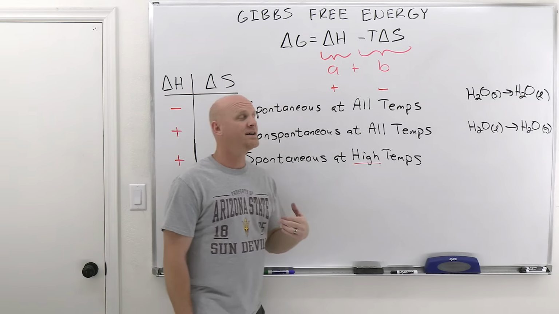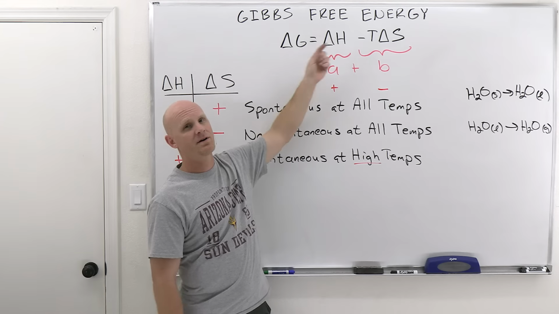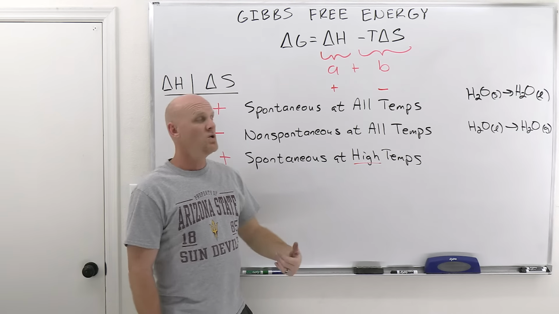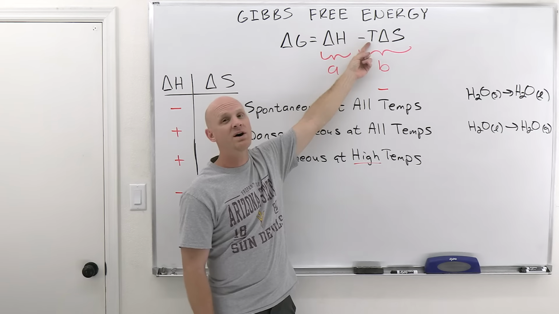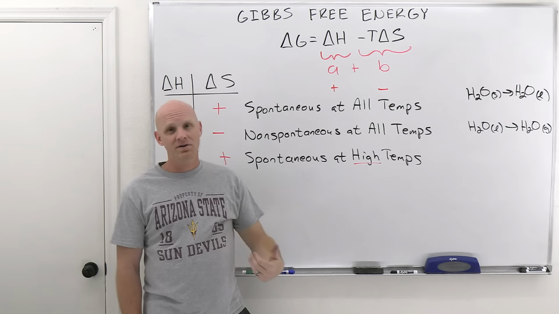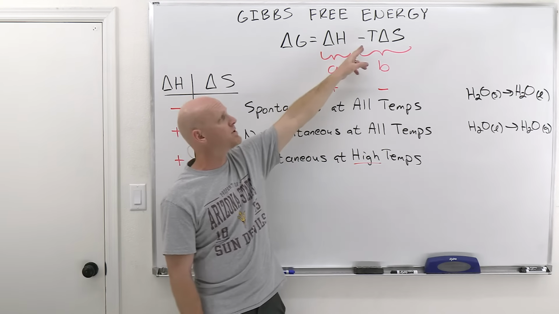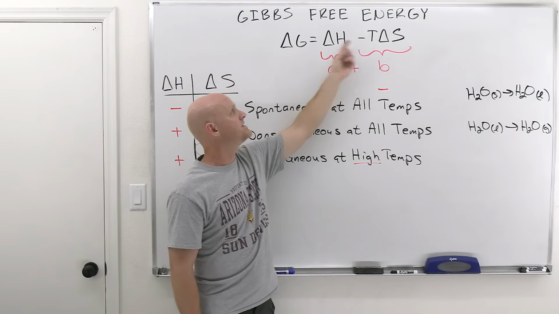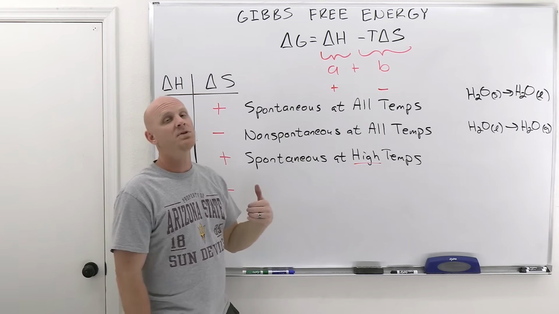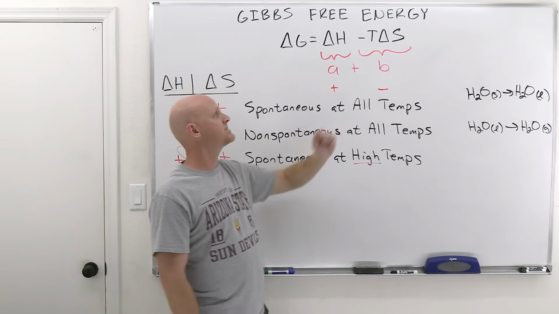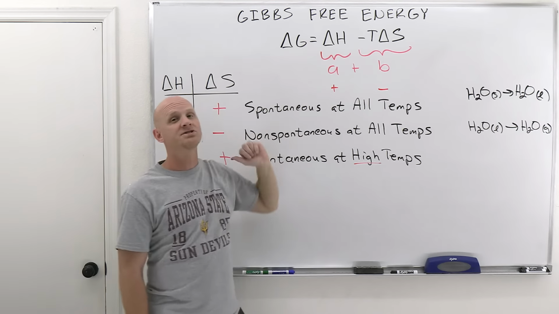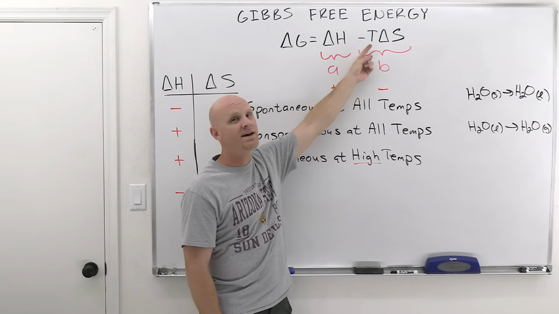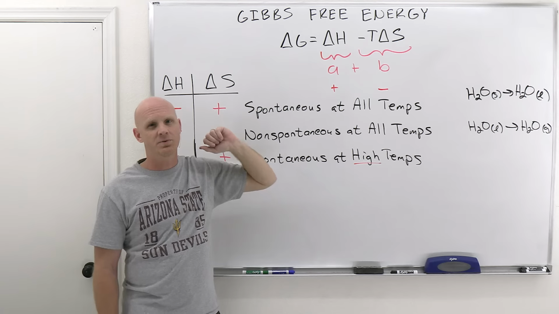If you plug in the delta H for vaporization and the delta S for vaporization of water, it turns out if you plug in any value of T higher than 373 Kelvin, again, these got to be put in Kelvin, so higher than 100 degrees Celsius, which is 373 Kelvin, then delta G is going to come out negative. If you plug in any temperature lower than 373 Kelvin in for T, then delta G would come out positive. And if you plugged in exactly 373 Kelvin, that's when delta G would come out to 0.